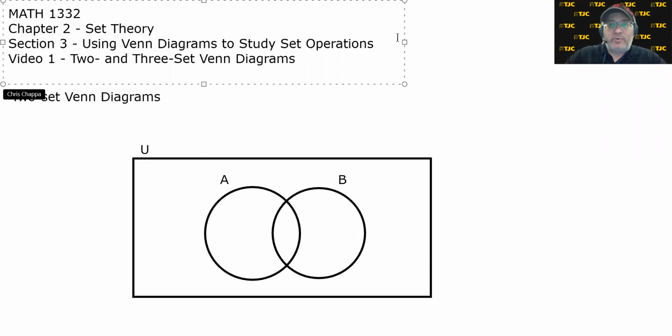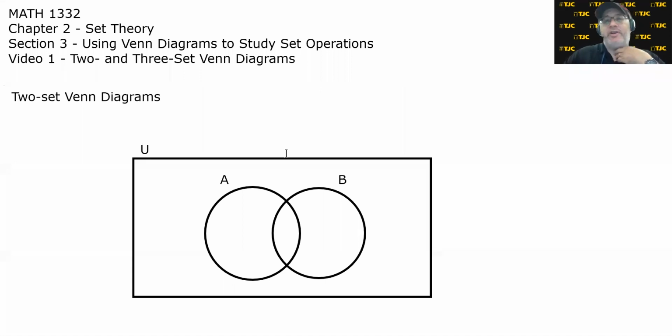All right, so what do we call these regions? Well, they have really creative names. The first region that is in A but not in B is called region 1, and we'll use Roman numerals to represent them. The intersection is called region 2. The region that belongs to set B but not set A is region 3.